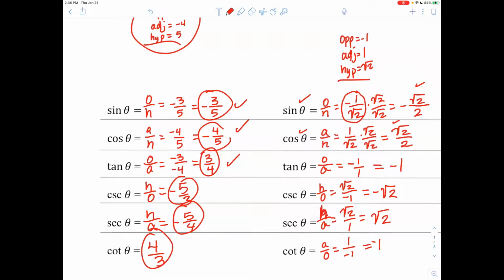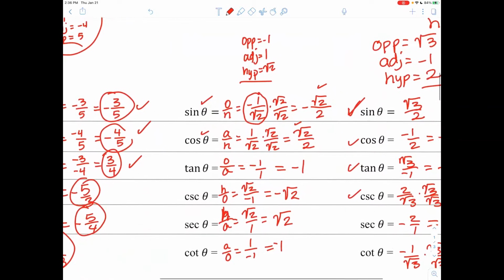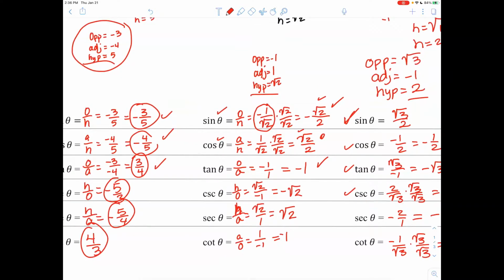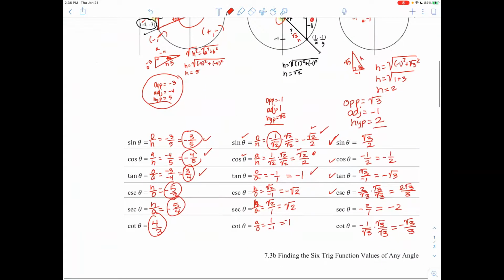Negative divided by negative is positive, opposite over adjacent. And then in quadrant 4, your sine is negative and your tangent's negative, but your cosine's positive. So that's where things start to get a little bit difficult because you have to pay attention to the signs. So I'll give you a little reference for that later.